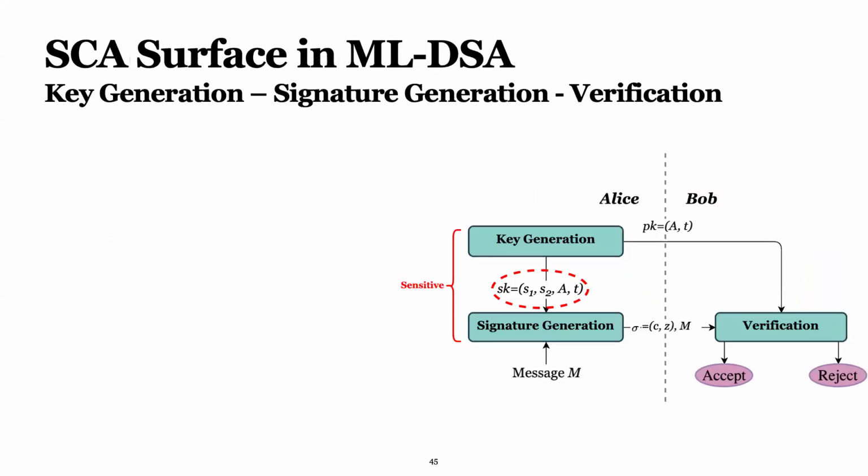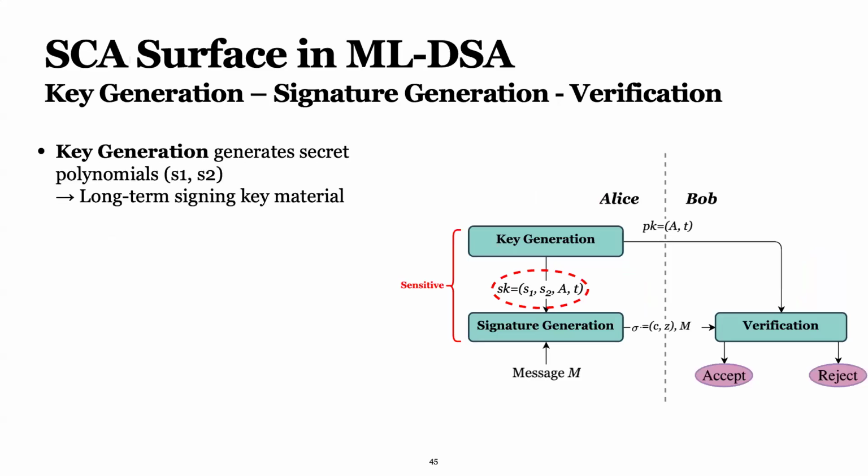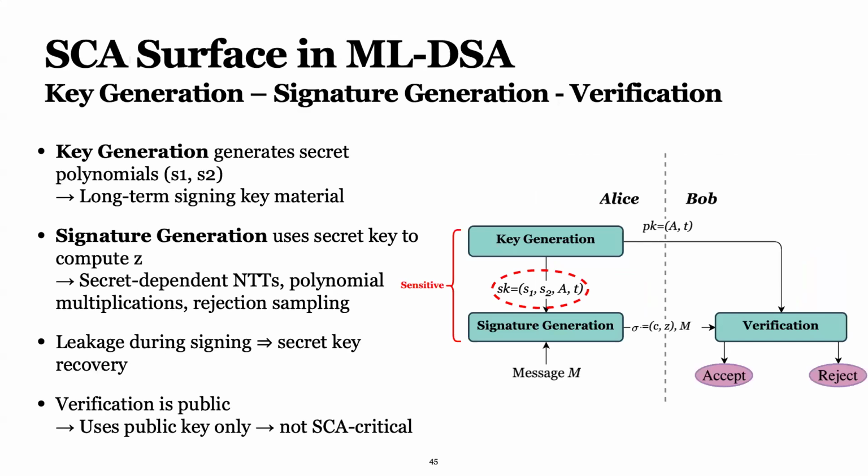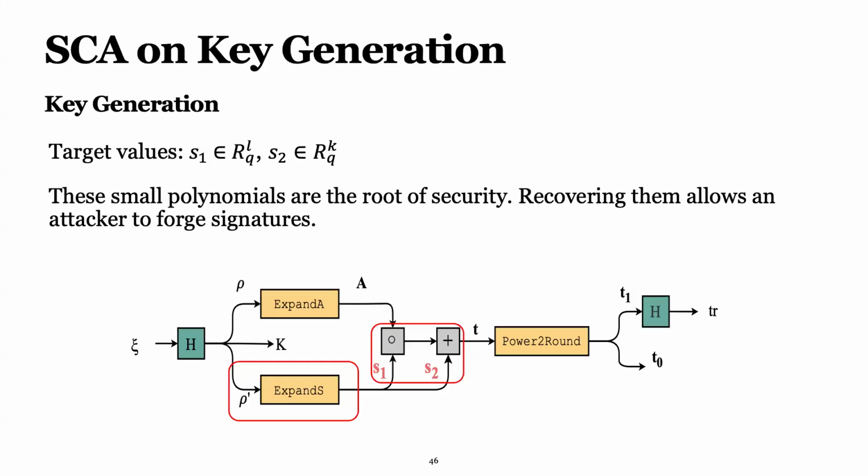So we have key generation and signature generation. We said that they are sensitive because they operate on the secret key, which is vulnerable to side channel attacks, because they are processing secret information that I can understand by applying some statistical analysis.